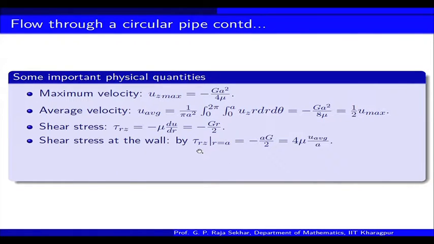Then the shear stress at the wall. You may be wondering why we are repeatedly computing shear stress at the wall. In most physical problems, there are a lot of applications. The interior also you can compute, there is no problem. Once you have a general expression, you have the shear stress everywhere, but why repeatedly on the boundary? These are the border cases where a lot of physics happens.